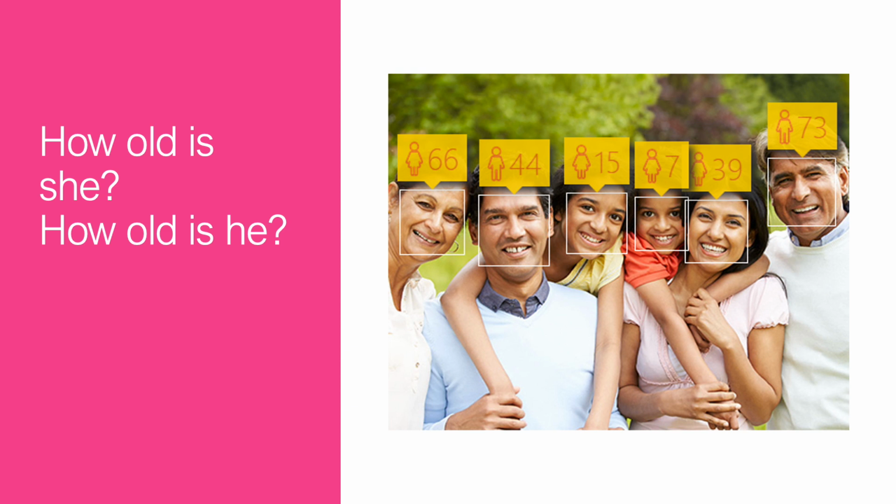66. The next person, this is a man, a male. So you're going to ask, how old is he? The answer, he is 44. Next, how old is this girl? She is 15.